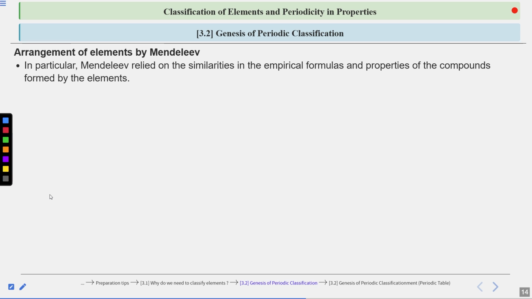Suppose one is forming AO2, the second is forming B2O. Then he will not keep those two elements in the same period. But if he sees there is a C element that has the same type of oxide that A has, that is CO2, suppose there is AO2 and CO2, he will place the A element and the C element in the same row because they have the same chemical properties.